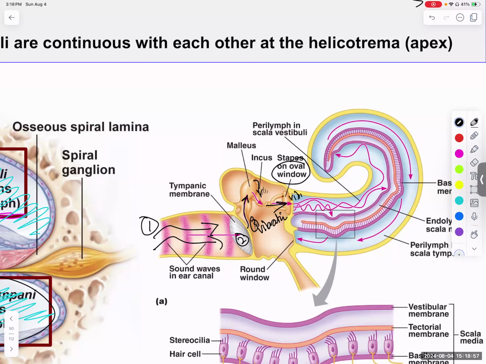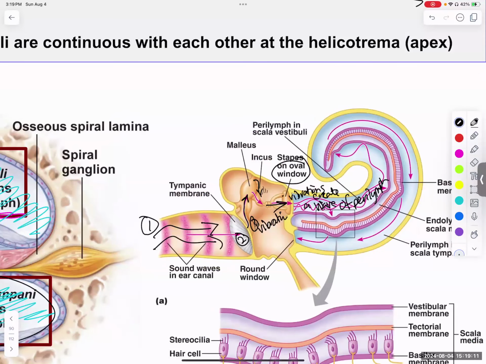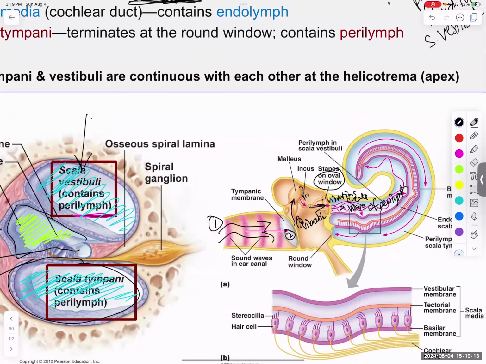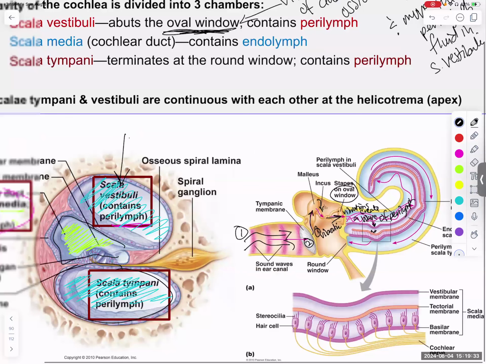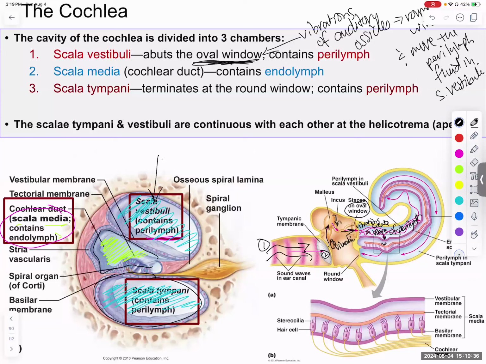And here is where the vibrations create a wave of perilymph fluid. And so a wave is being created, and that wave, when it comes crashing down, is going to deflect this membrane. And it's going to ultimately mechanically bend these receptors that then can generate an action potential because they're mechanically gated. And so they are mechanical receptors or mechanoreceptors.